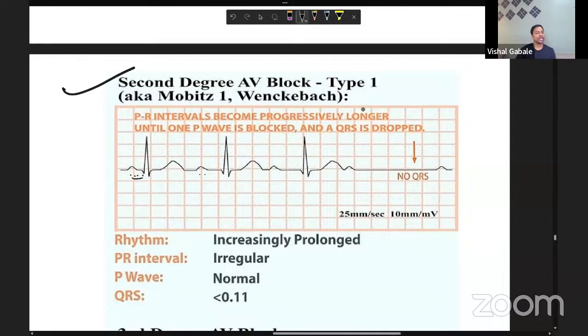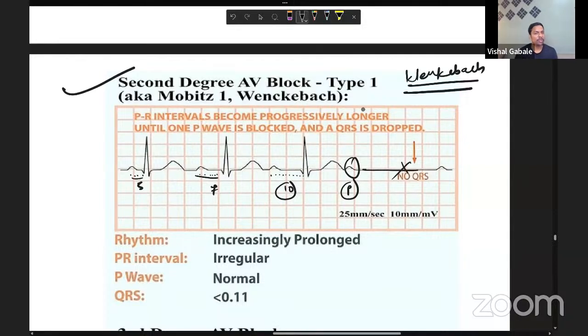Here it can be seen 1, 2, 3, 4, 5, 6, 6 boxes. Here it is 1 to 10. So it was 5 over here, 8, 7 over here, 10 over here. And after that, you can see the P wave is there, but there is no QRS. All right, so that is what is called Wenckebach phenomenon.